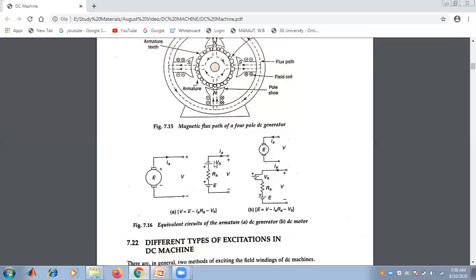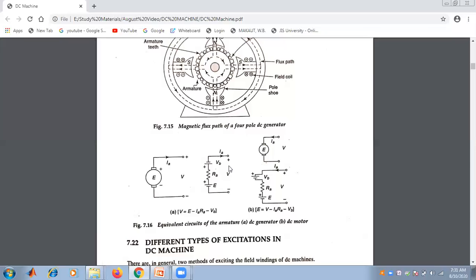For the generator, E minus IARA minus VB equals V. The generator converts mechanical energy into electrical energy, and the voltage is what we have obtained.